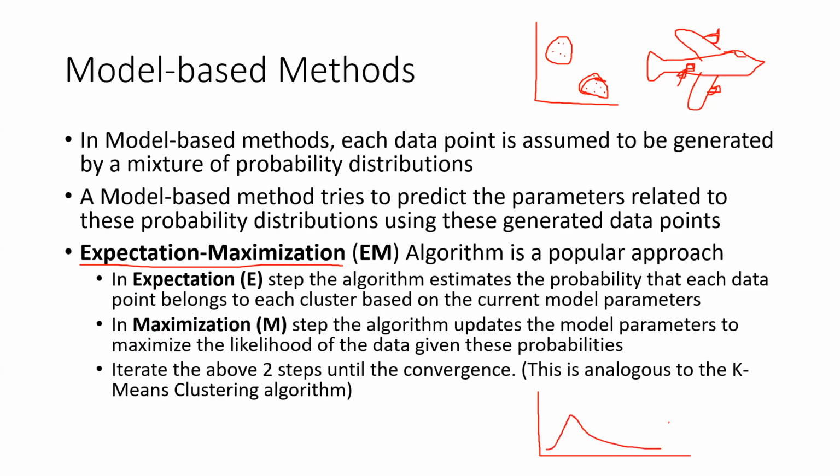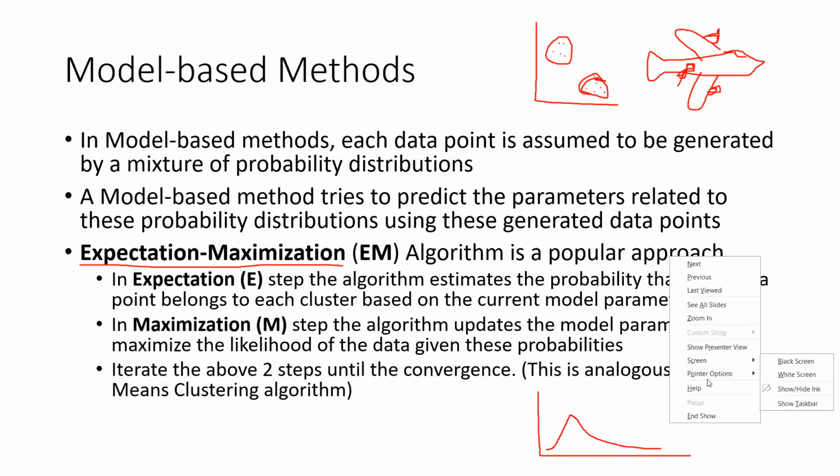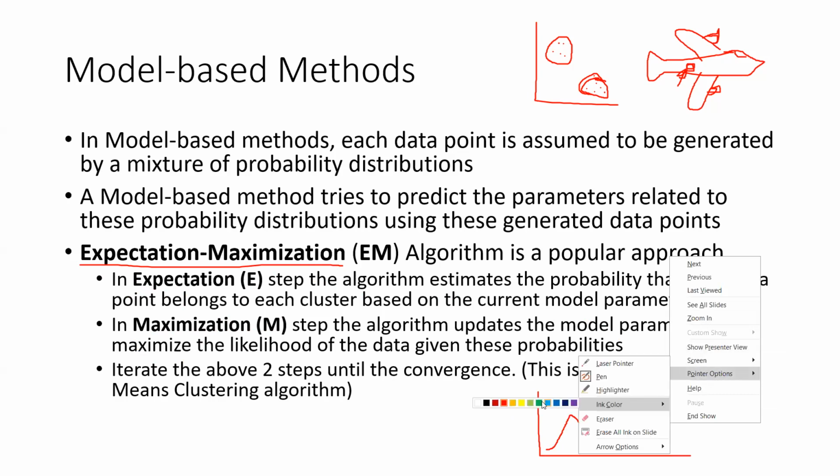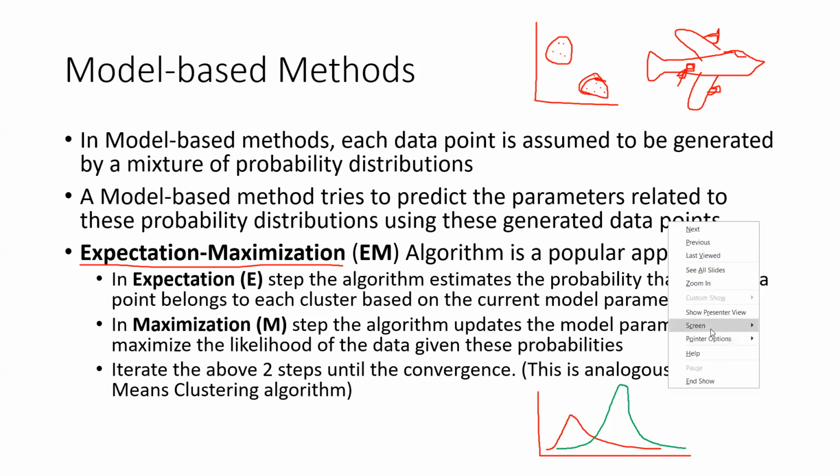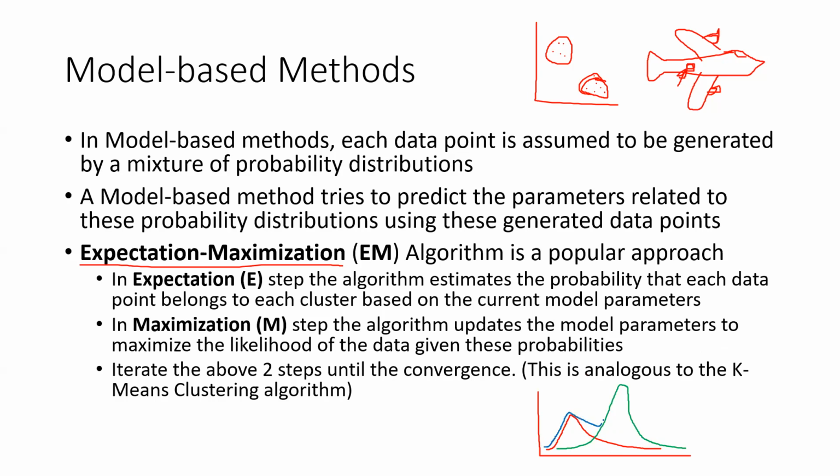suppose your data set is generated by a Gaussian distribution like this, and another Gaussian distribution like this. So the final distribution you view, or the data you get, would be something like this, the blue color. But underneath, there are two Gaussian distributions that generate this blue color distribution.